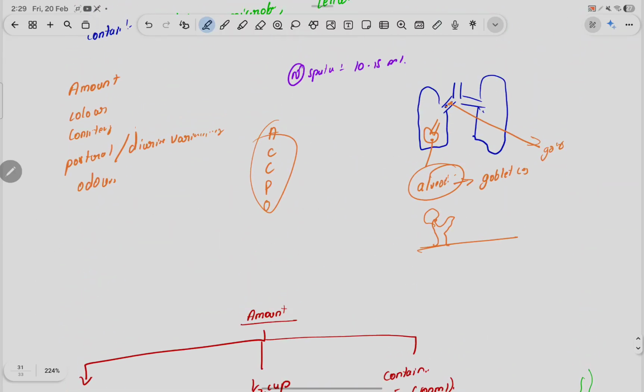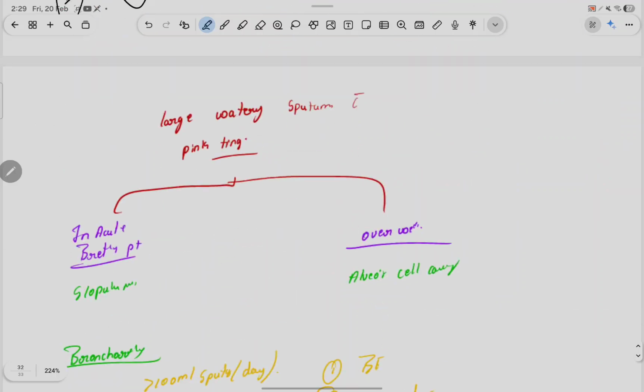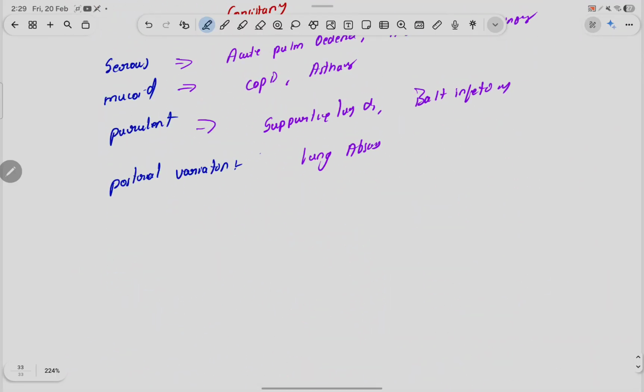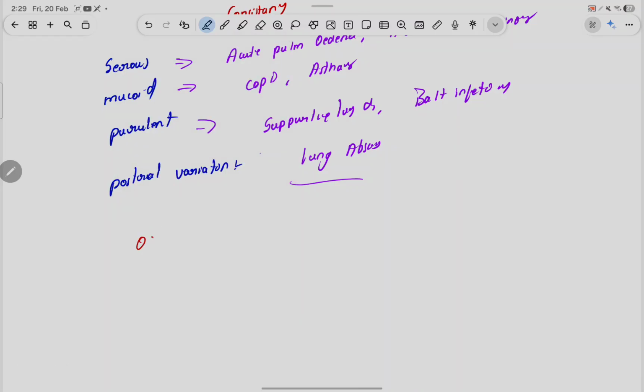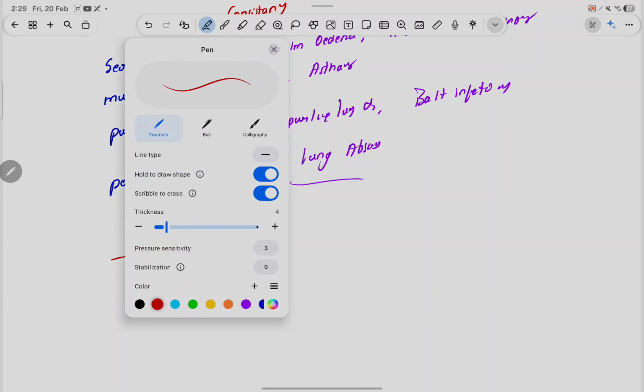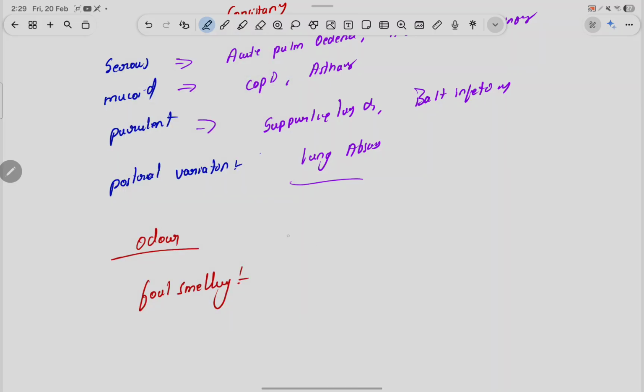Now we'll go with odor. Foul smelling: we will take it as bronchiectasis, lung abscess, empyema, anaerobic bacterial infection.